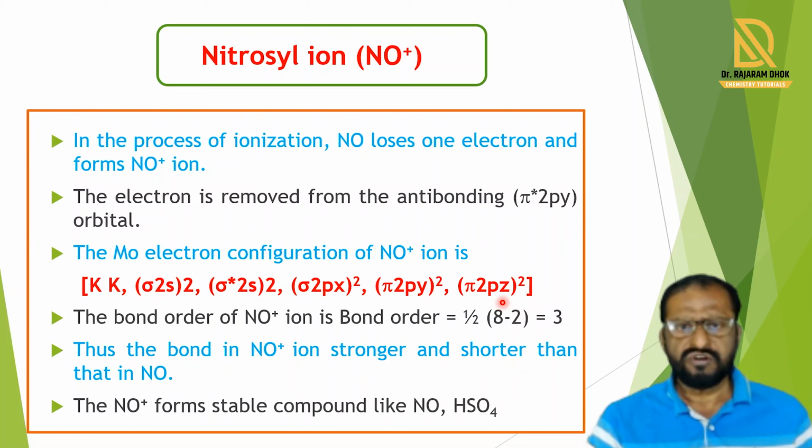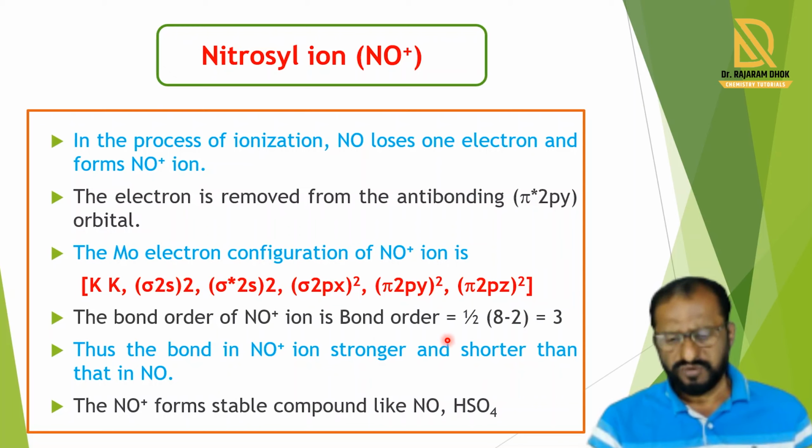We calculate the bond order of the NO plus ion using the formula: bond order is equal to the number of electrons in bonding molecular orbitals minus the number of electrons in antibonding molecular orbitals, divided by 2. Here, in bonding molecular orbitals 8 electrons are present, and in antibonding 2 electrons are present.